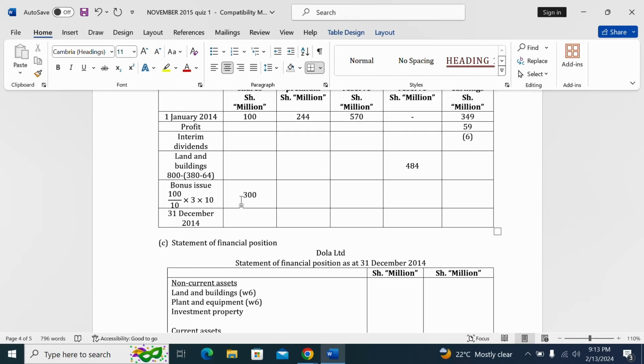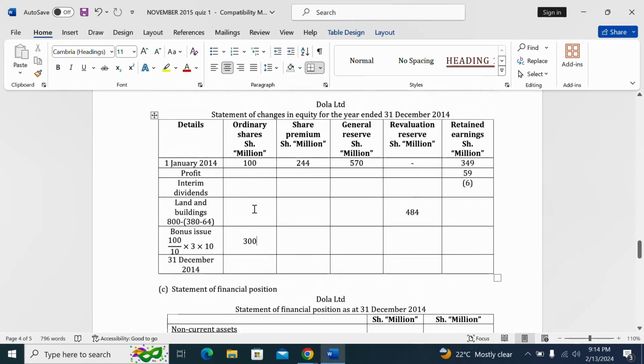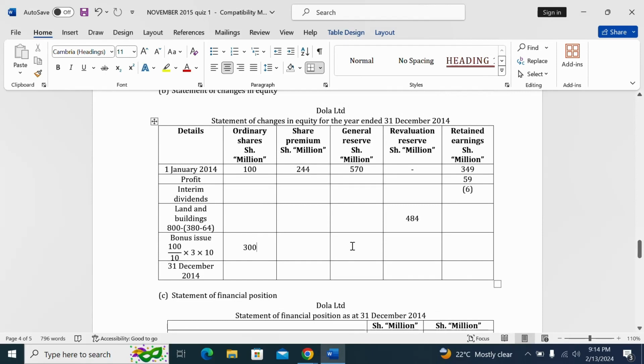Or you could just say that since the ordinary shares were 100 in value, and the bonus shares are equal in value, the additional shares were 300. These shares were coming from the general reserve. Therefore, you come to the general reserve and deduct 300.